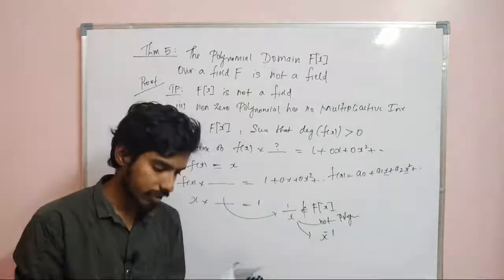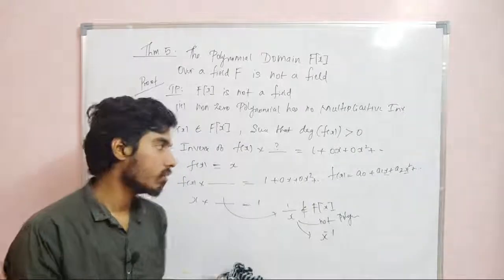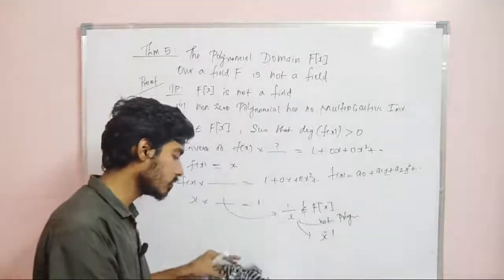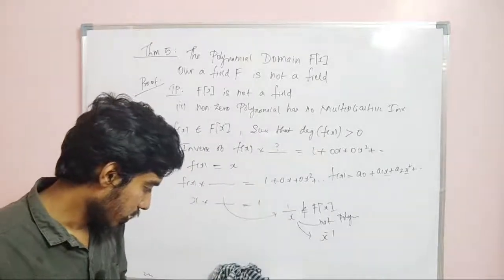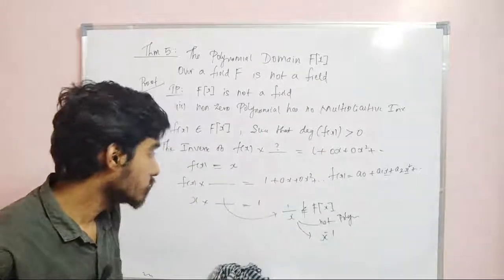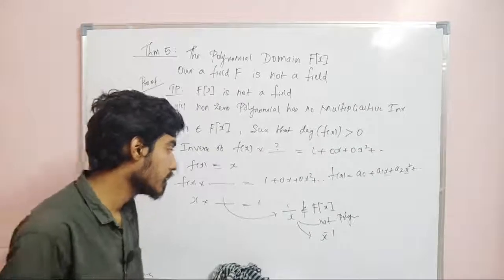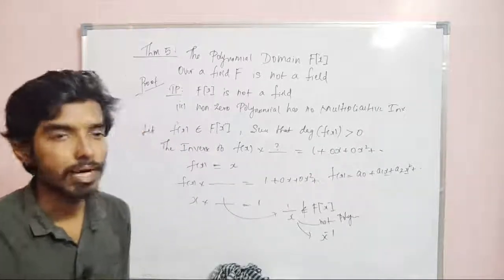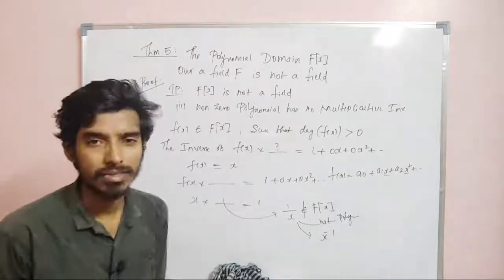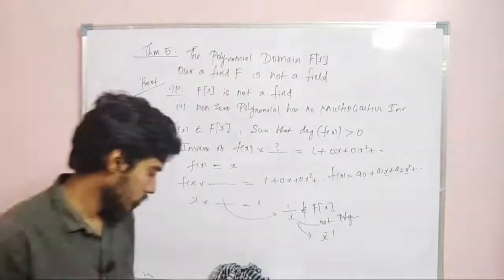Okay, so next class we will continue. We are only left with a few topics in polynomials. That is, we need to prove that it satisfies the division algorithm, and then Euclid's division lemma, and then there are some 2 or 3 theorems in polynomial rings. Right. So we'll see in the next video.